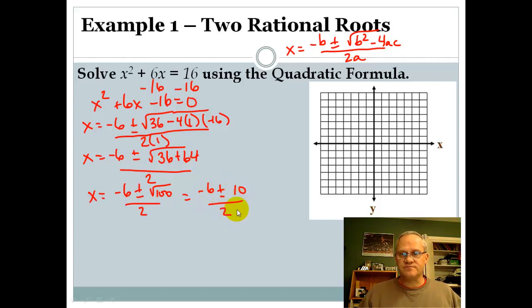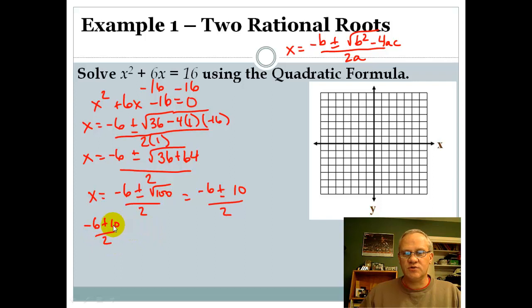Well, what does that mean? Plus or minus just means this could be negative 6 plus 10, or it could be negative 6 minus 10. And you have to work both of those answers out. In this case, since the square root of 100 worked out perfectly, let's just find out what these actual numbers are. So first of all, what if we had negative 6 plus 10 over 2?